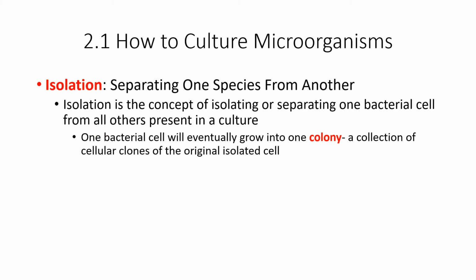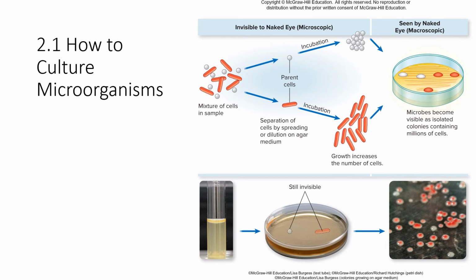I can't do any tests on a mixture of bacteria. I can't do any tests on one bacterium. But 1,000,000 clones that are genetically, metabolically identical to the original cell, that I can do something with. You look at this figure from the textbook. A mixture of bacteria.